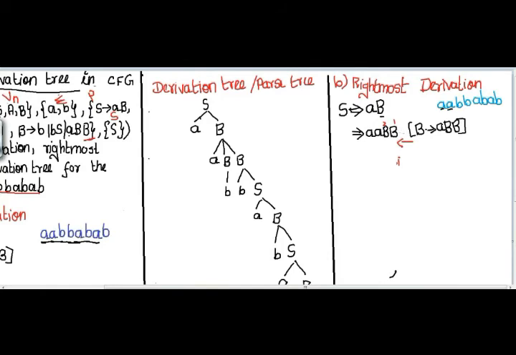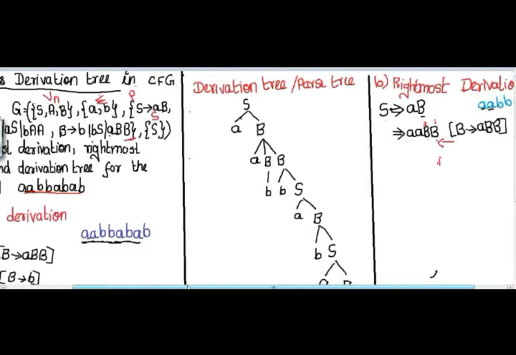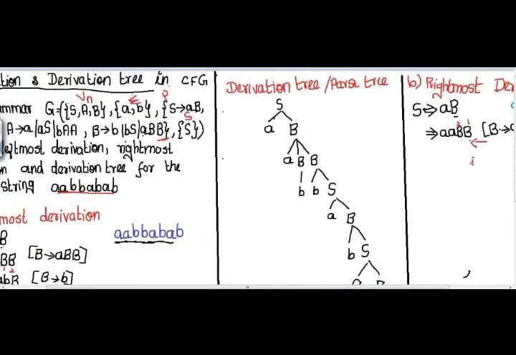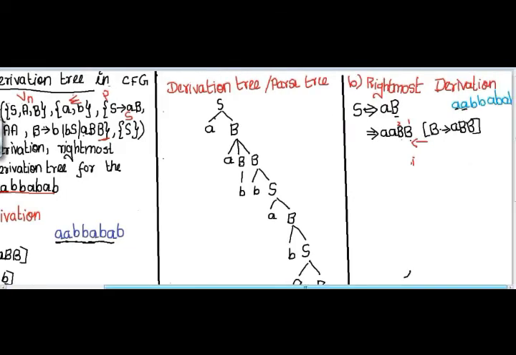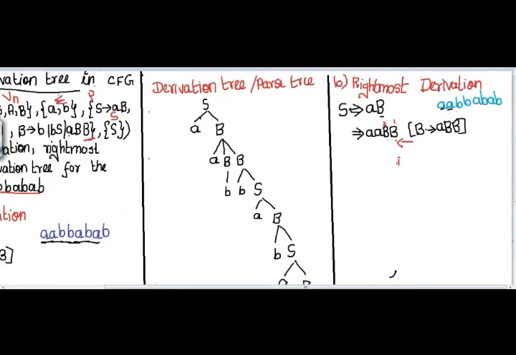Since I want to complete this non-terminal first in rightmost derivation, I'm going to complete this first B. So I'm going to leave this. If I see this B production, I have three possibilities: B tends to B, B tends to BS, B tends to ABB. Right now, I'm going to assume that at the end I'll take care of B tends to B, and I'm going to concentrate on the remaining ones. So I'll see this later.